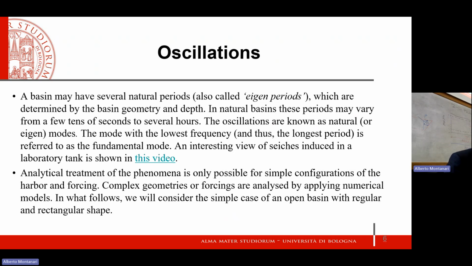We have several commercial softwares that may allow us to study the behavior of a complicated geometry, but this is more complicated. And let me also say that the analytical solution is definitely more useful for educational purposes. So this is why we refer to the simplified geometries.